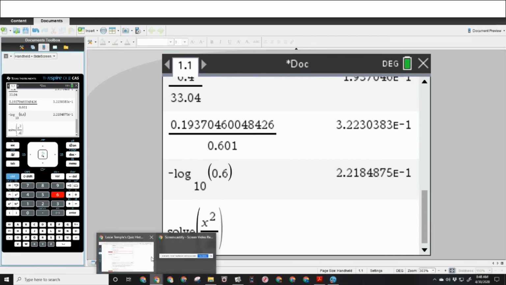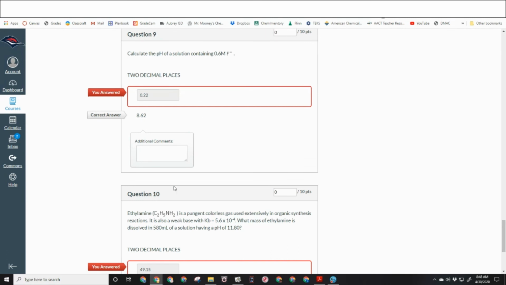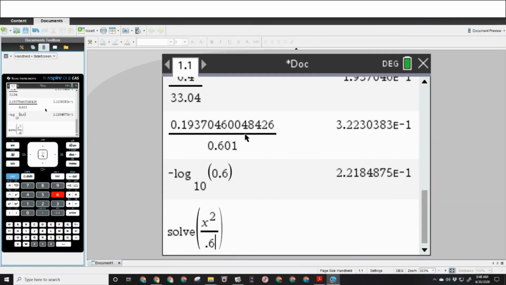Let me make sure that's 0.6. Yeah, 0.6. Run our calculator. All right, so this is all equal to the Kb, which is 2.86 times 10 to the negative 11.